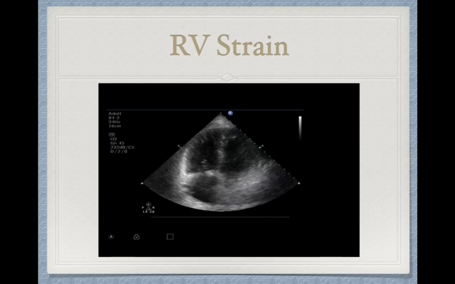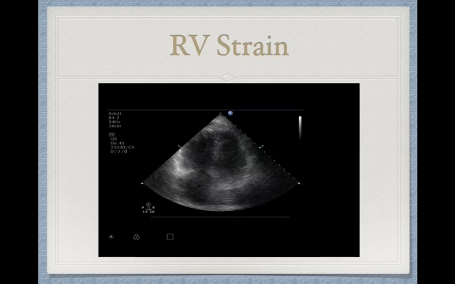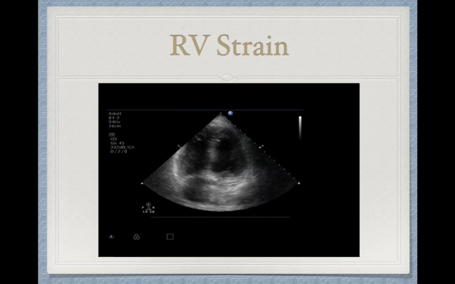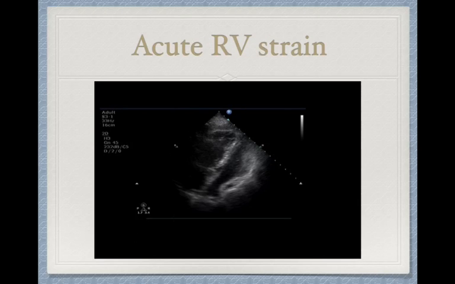Now the next slide here is an example of McConnell's sign. You can see that the RV is definitely larger than the LV, plus you're getting some akinesis of that RV lateral wall and apical sparing there. So this, again, tends to be a very specific sign for acute PE.